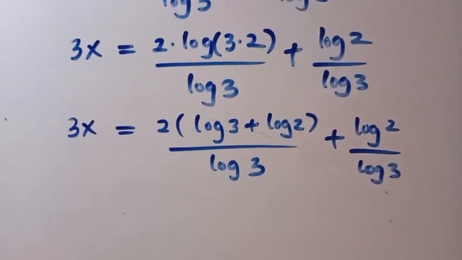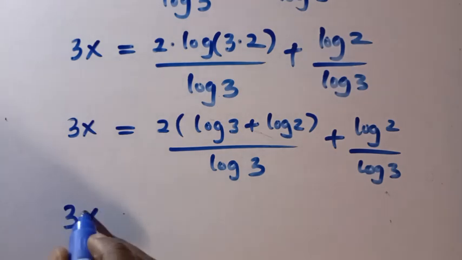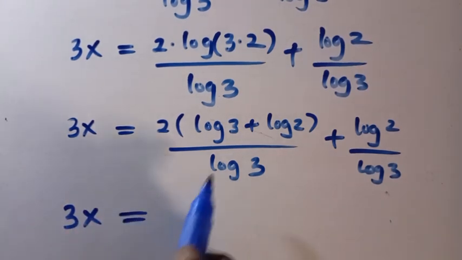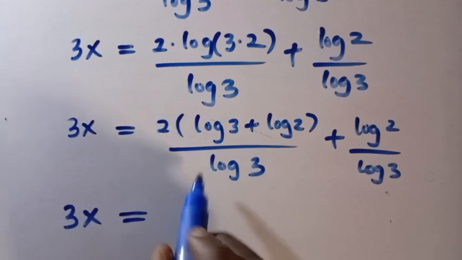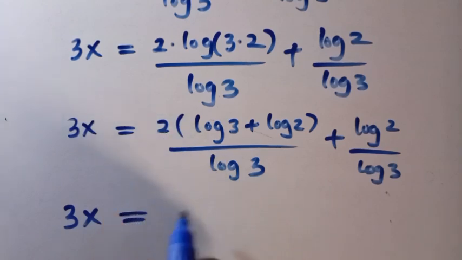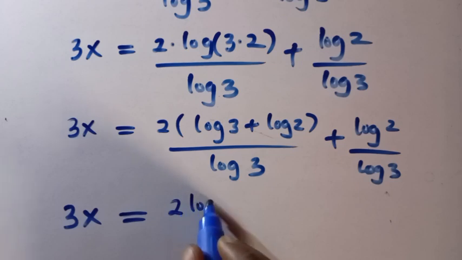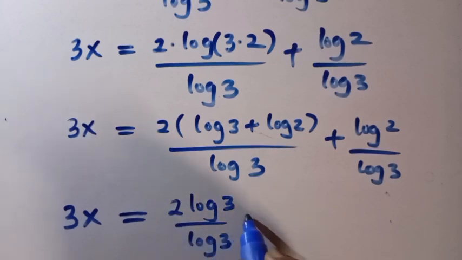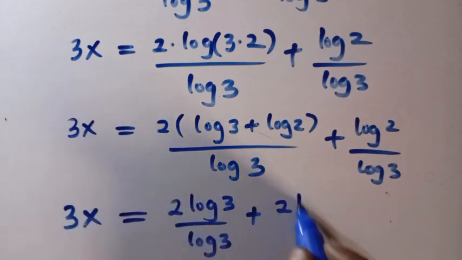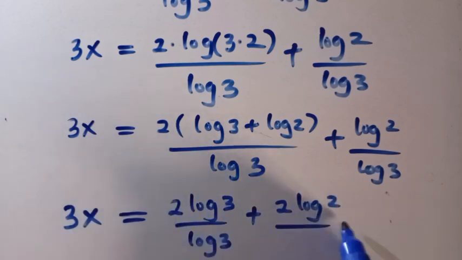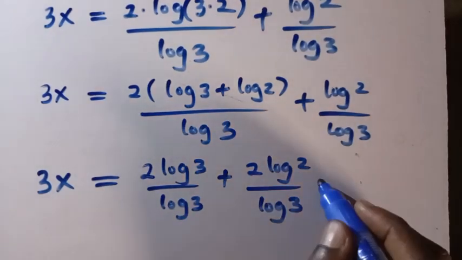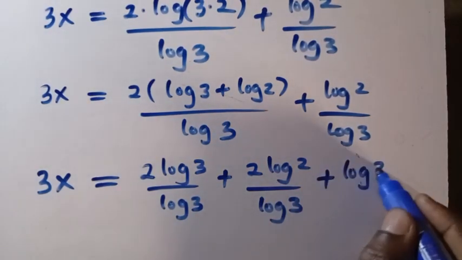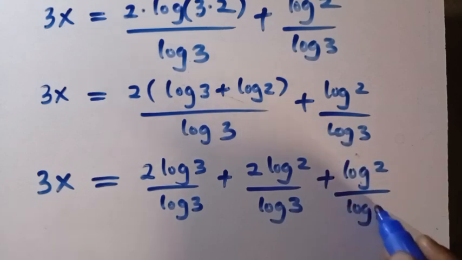So next we have 3x equals, we have to separate this and open the bracket with 2. So we have 2 log 3 divided by log 3 plus 2 log 2 divided by log 3, plus log 2 divided by log 3.